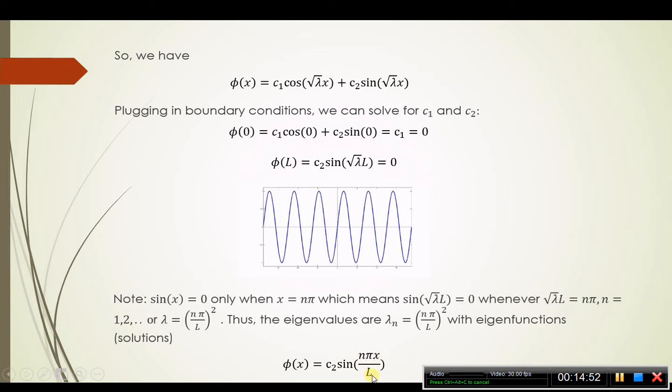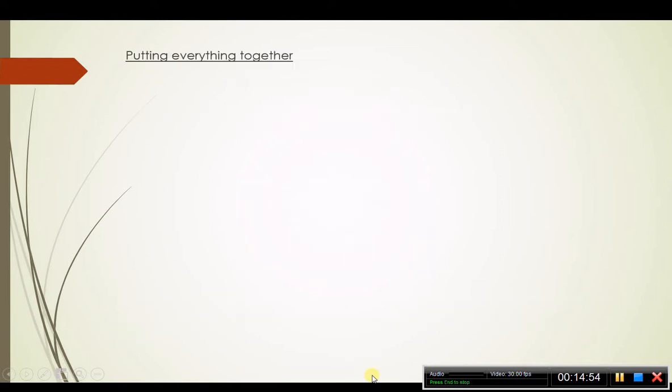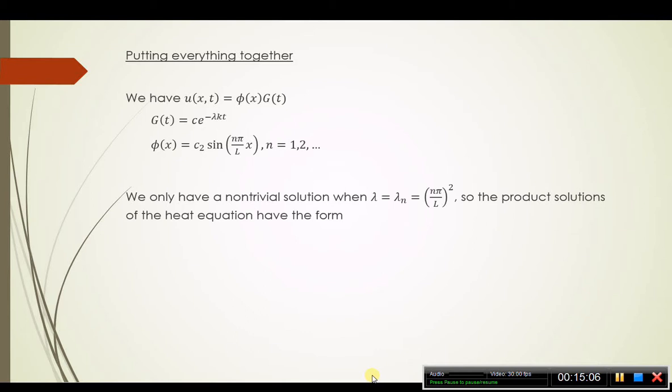Okay, so now we put everything together. We have our u of x, t, which we said was phi of x times g of t. We solved for g of t. We solved for phi of x. So we get non-trivial solutions whenever lambda has the special form.